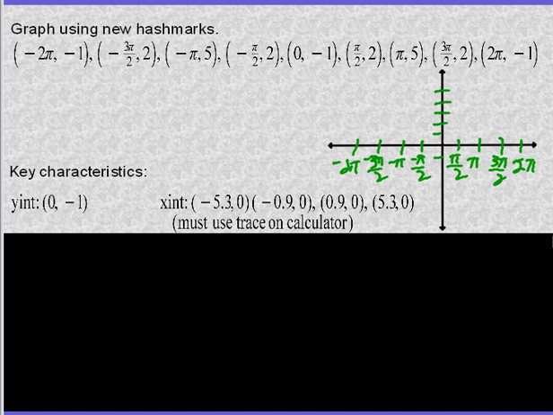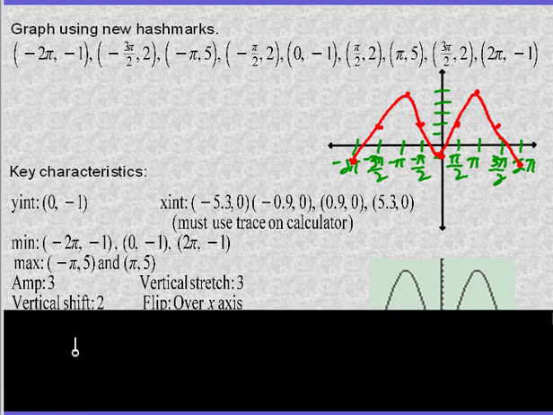And then I just plot my ordered pairs: -2 pi, -1; -3 pi over 2, 2; -pi, 5; -pi over 2, 2; 0, -1; and so on. And again, if you've done it correctly, it will look a lot like the cosine graph, except you can see this time it is flipped, and it has amplitude and vertical shift changes.